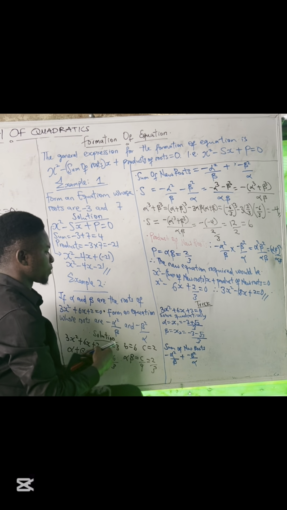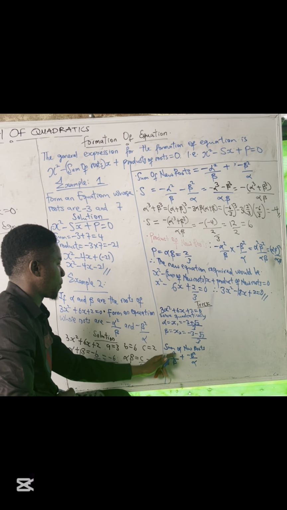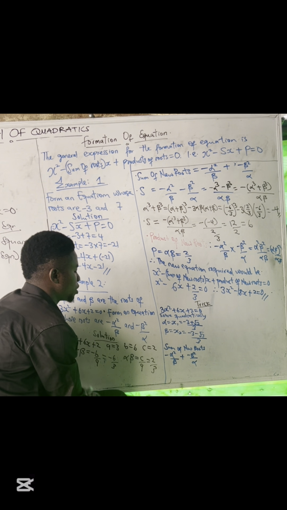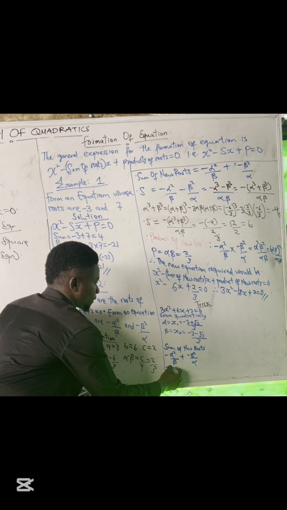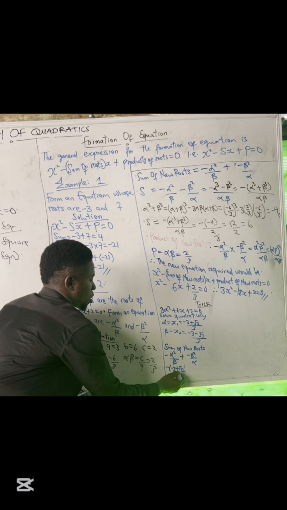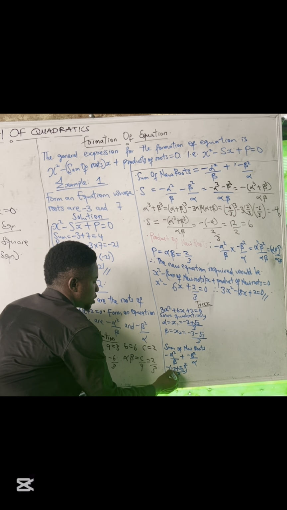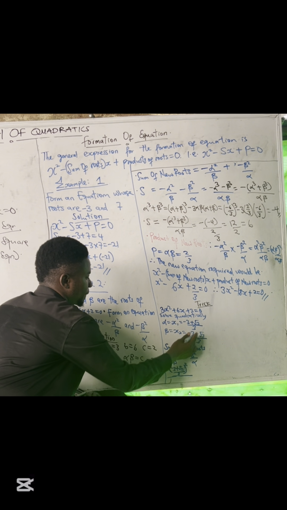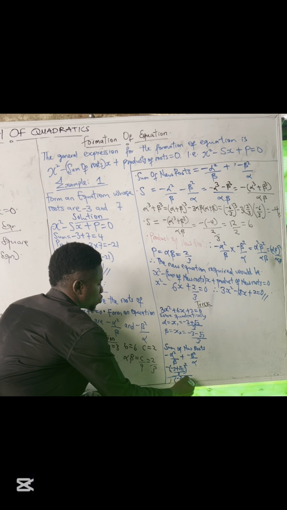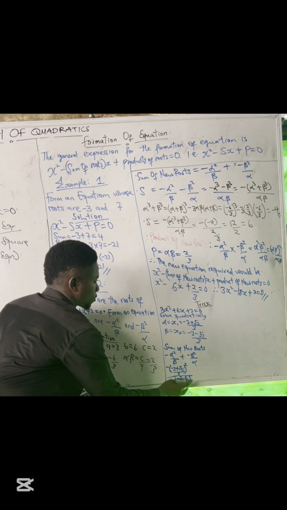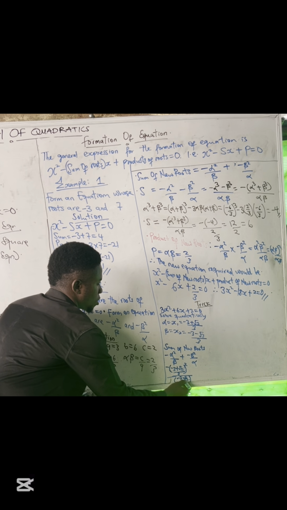So this simply means that for this expression, don't forget that our alpha is equal to this, right? So we are doing something like: my alpha is minus 3 plus root 3 all over 3, all squared over beta. My beta is minus 3 minus root 3 all over 3.